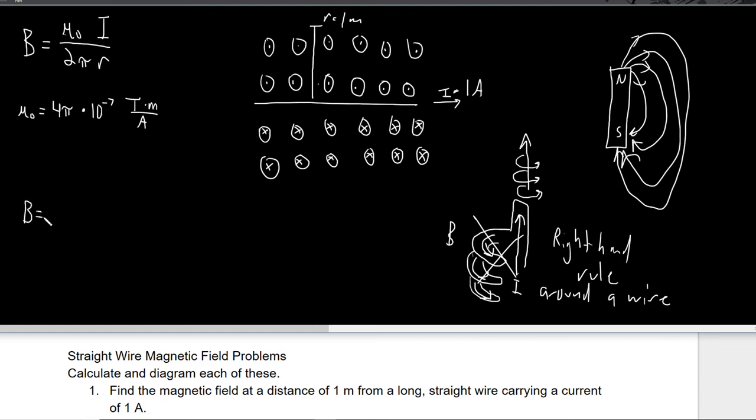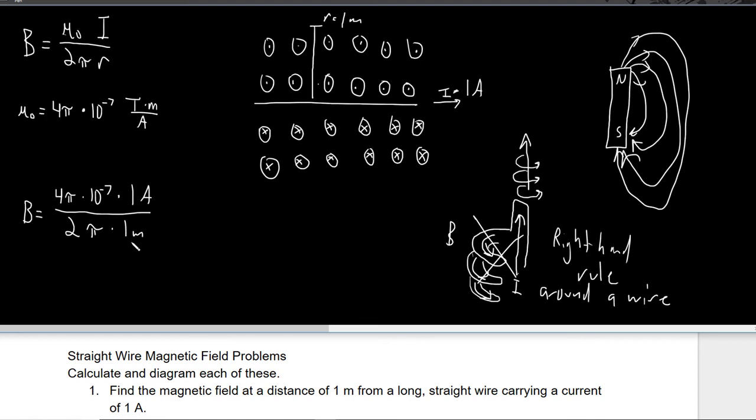So let's figure this out. The magnetic field is equal to 4 pi times 10 to the negative 7 times 1 amp over 2 pi times 1 meter, because the distance is 1 meter.